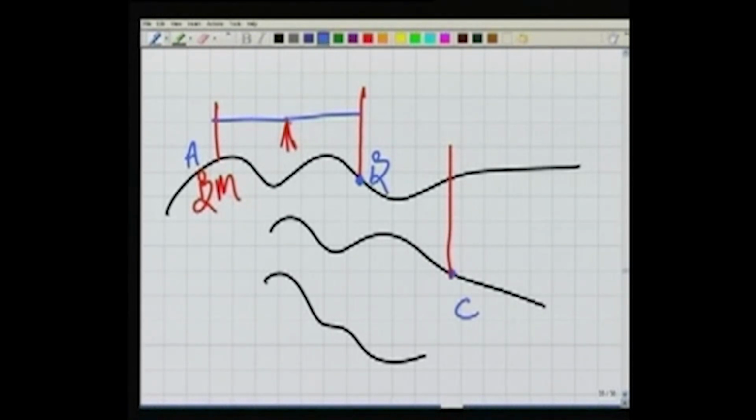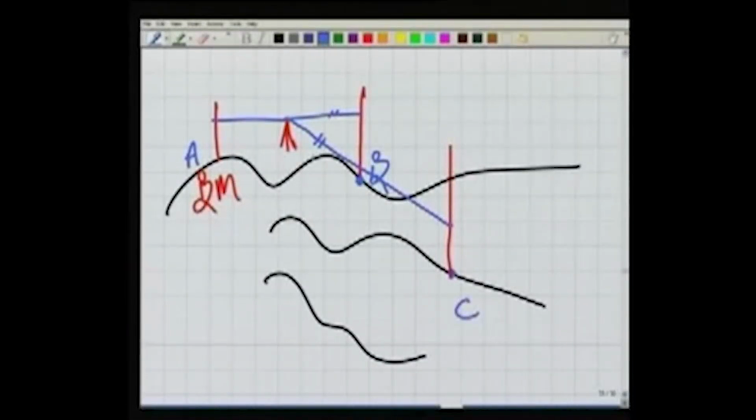Similarly, if there is a point C and I want to determine the RL of C, I will take a sight again here. What we are doing is basically this: the telescope for which we have made the level is now horizontal, or the bubble is in the center. The axis of the bubble tube is horizontal, so the line of sight is also horizontal.